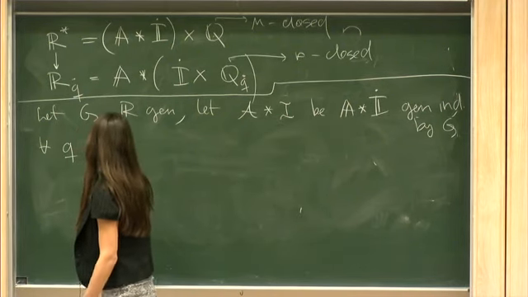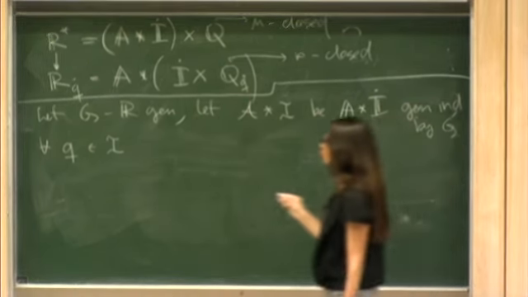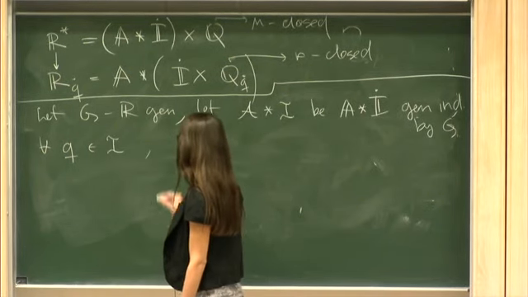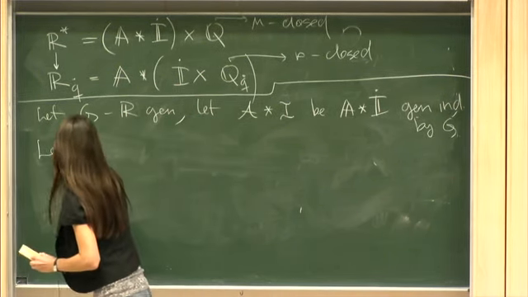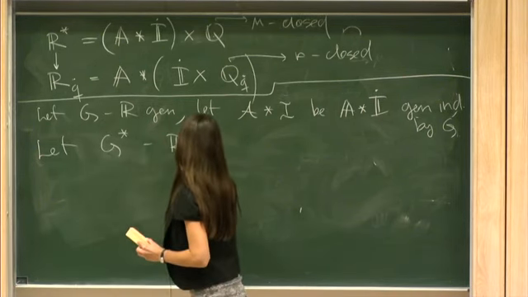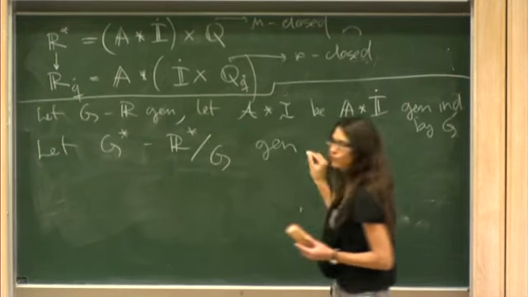Q in the Prickly generic I, let GQ... no, before that, let me say, let G star be R star mod G generic, and in a second I'll also draw a picture.